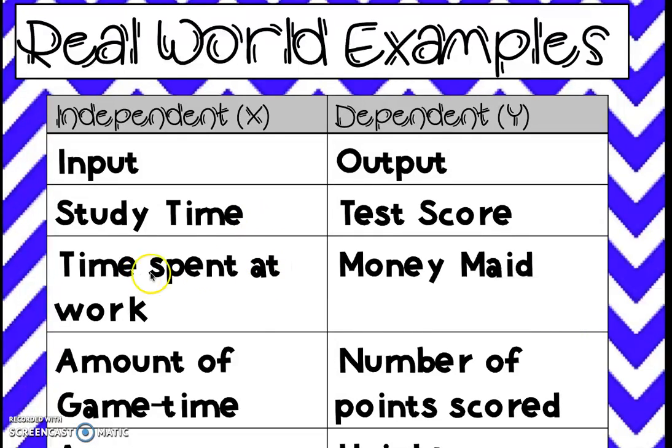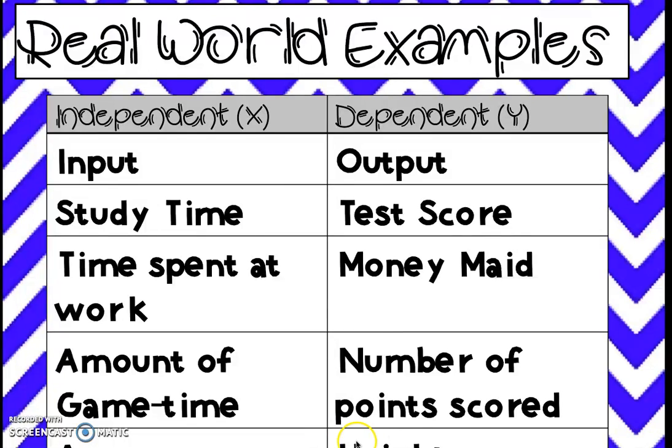We said time spent at work is the independent, where the money that you make is your dependent. So the money that you make depends on how much time you spend at work. The amount of game time that you get can affect the number of points that you score in a game. So the number of points you score is directly dependent on how long you're in the game.